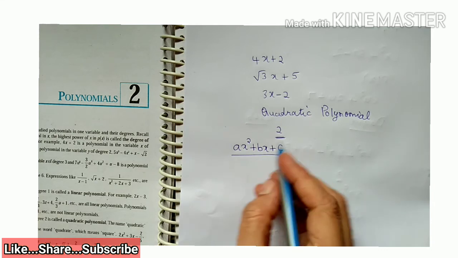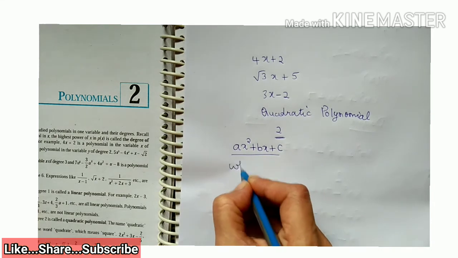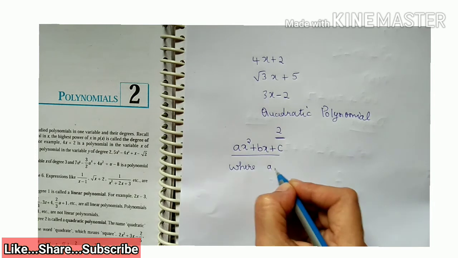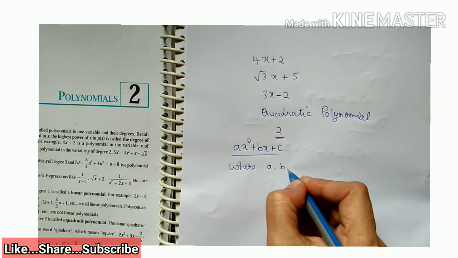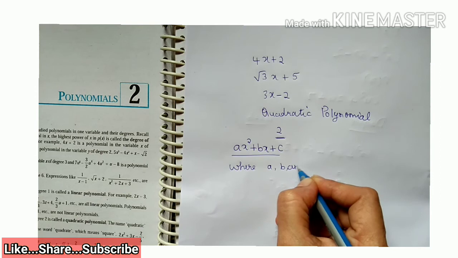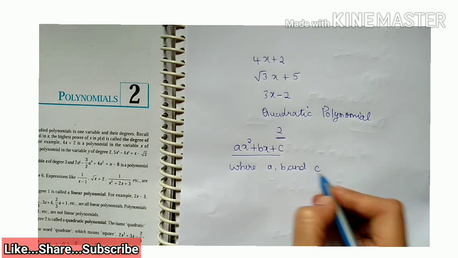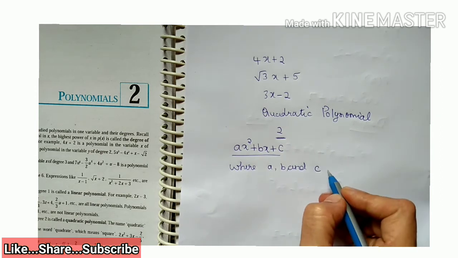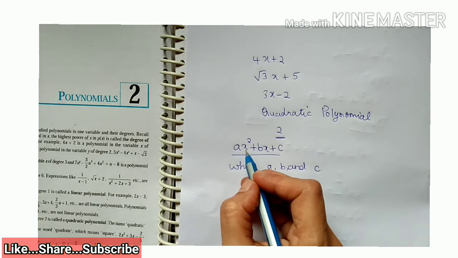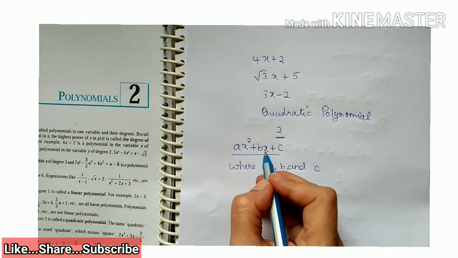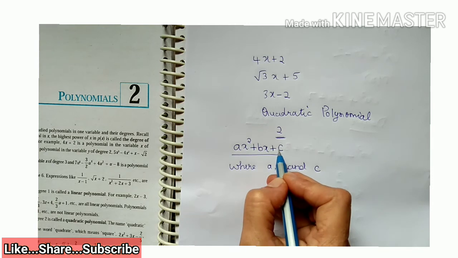Here the condition is that a, b and c are real numbers, or coefficients are real numbers. X square coefficient is a, x coefficient is b, and c is the constant term.